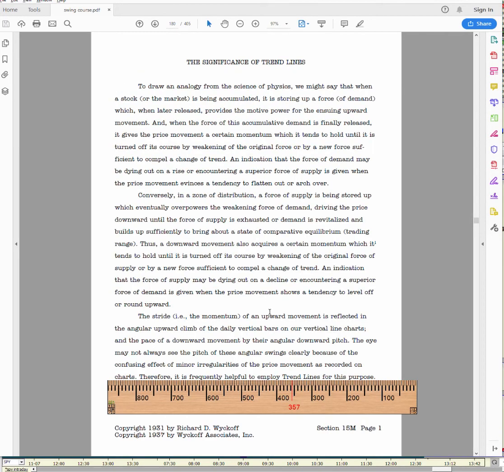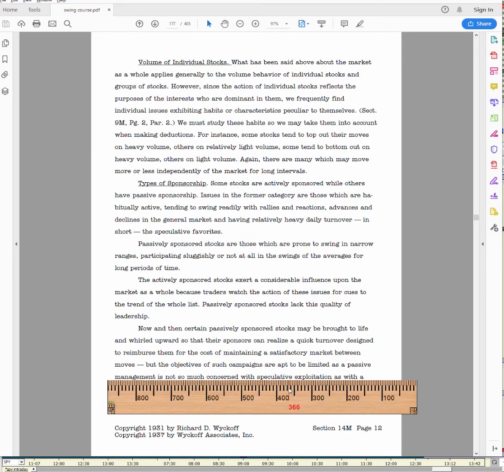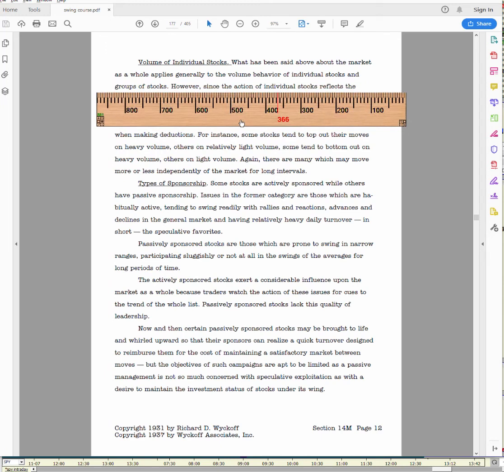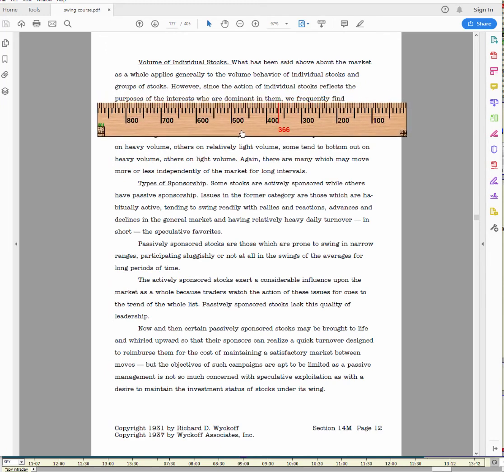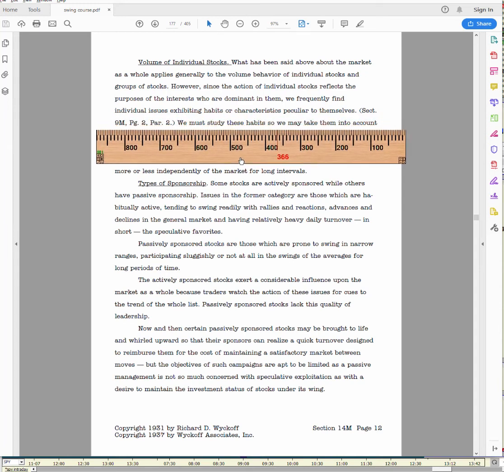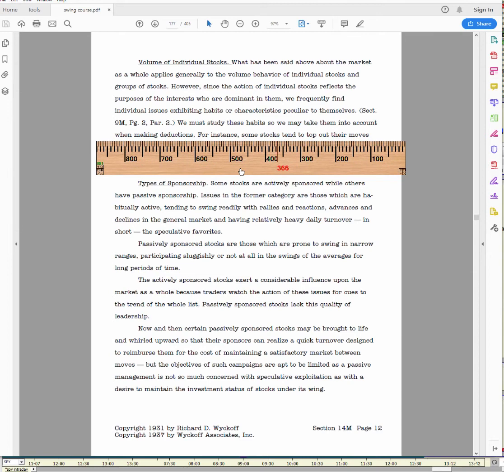Alright, volume of individual stocks. Let's see, anything interesting here? Alright, so what he's saying here is that certain stocks have certain habits.